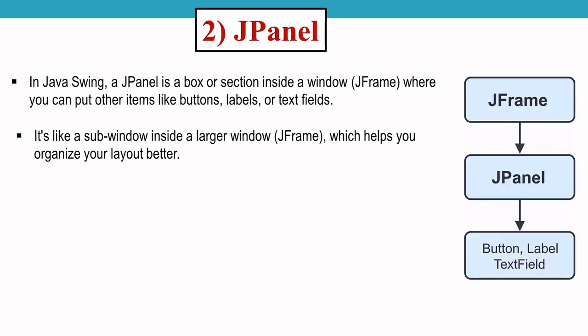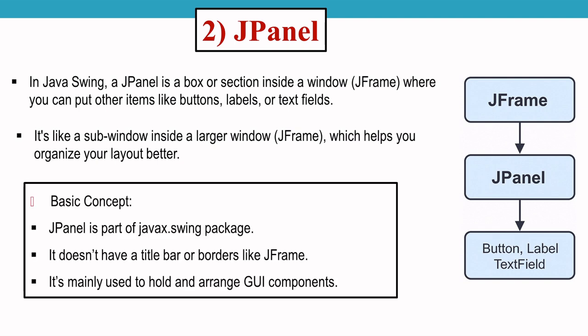That means the top level is a JFrame, then the sub window is a JPanel, and in this sub window we can add buttons, labels, text fields. This JPanel is used to organize your layout better.